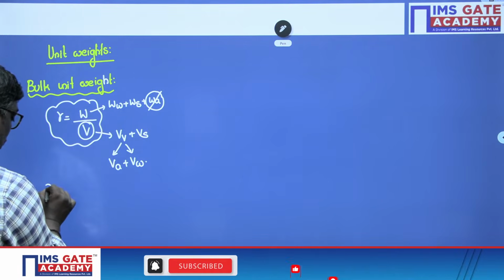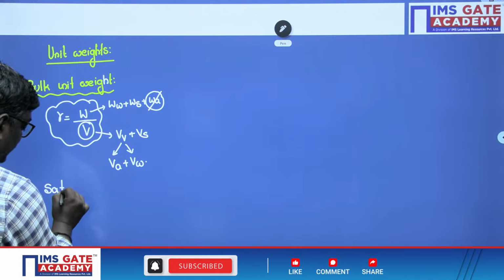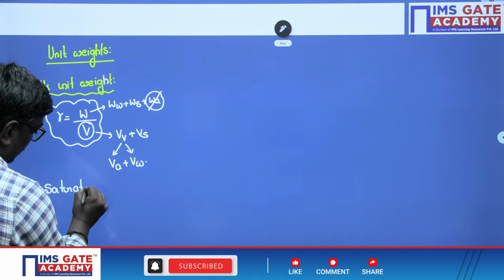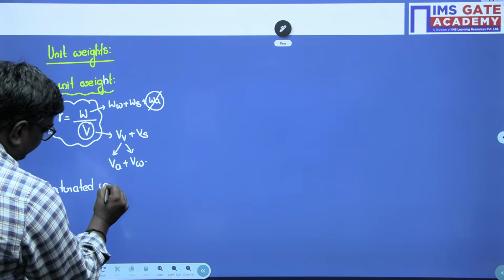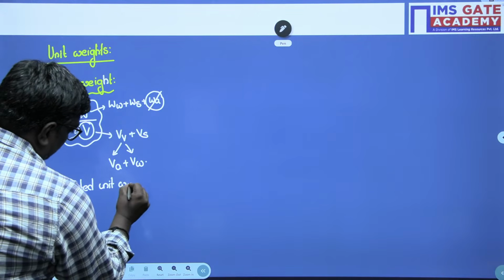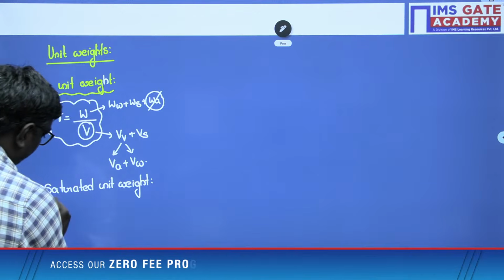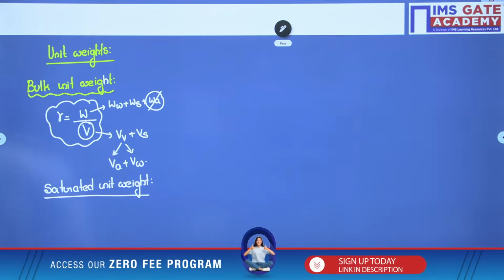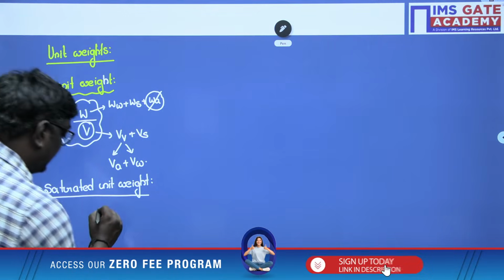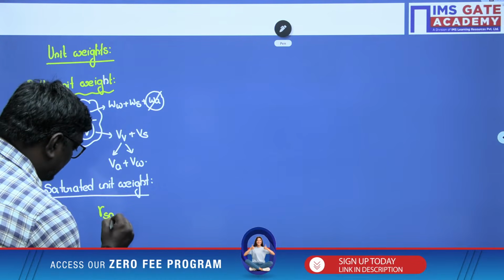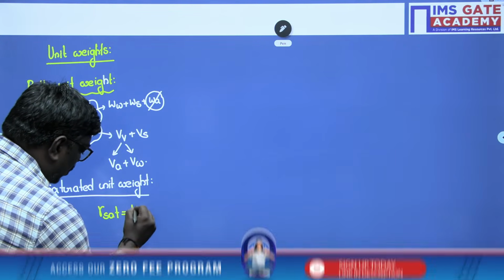Okay, there is also the saturated unit weight. What is saturated unit weight? It is gamma sat. Gamma sat is equal to what, sir?